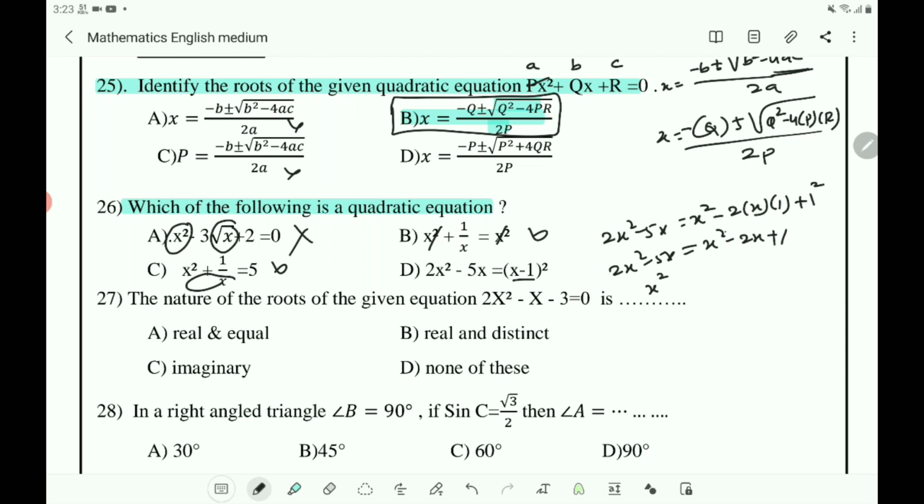You can have x square. Then minus 7x. When it is shifted, it becomes minus 3x minus 1 equals 0. In this case, you will get a quadratic equation. Here 2x square there. Here you will get x square. So x square remains without cancelling. So option D is the answer. Note down the answer, option D.